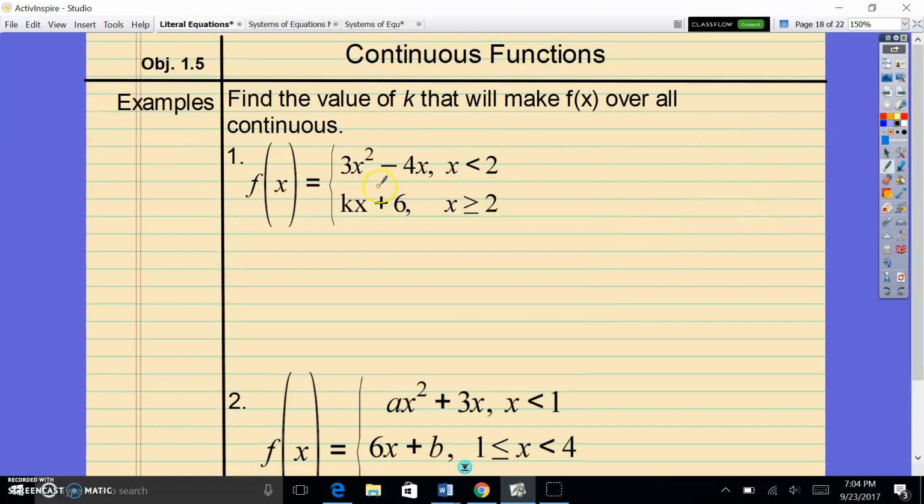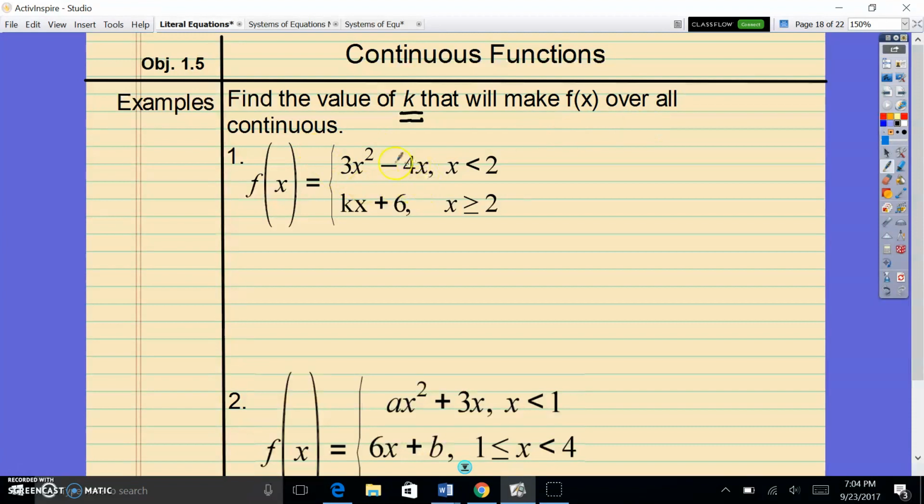So I want to go over two examples that are a little bit more like what you're going to see in terms of working with continuity. Instead of asking you if a function is continuous, this particular problem says to find the value of k that will make f of x overall continuous.